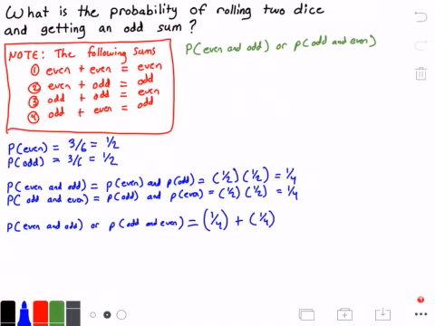And because we use that "or" here, we know to add these two probabilities. So we get 2/4, and if we simplify this, we get 1/2. So that, of course, is equal to 50%.